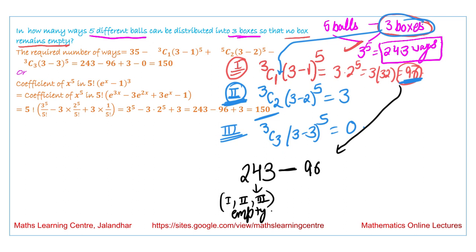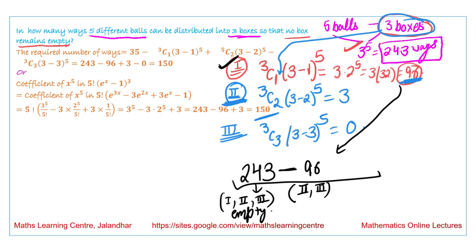When one of these boxes is empty, it means this includes the case that 2 boxes are empty. Now what we are left with here is that 2 boxes are empty or 3 boxes are empty, because when we say that one box is empty, this will also include the case that 2 boxes are empty. This also includes the case that all 3 boxes are empty.